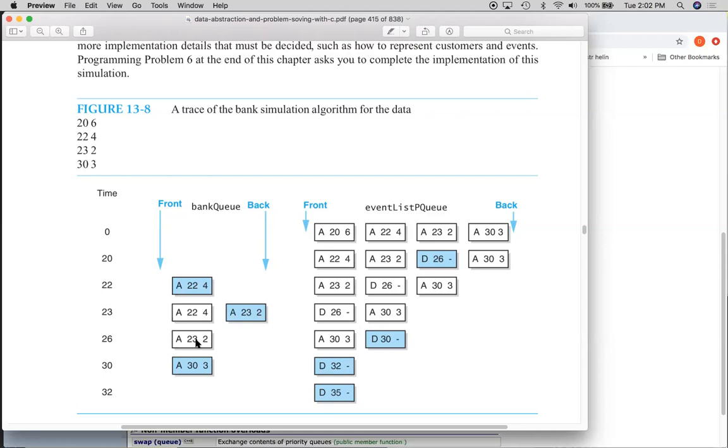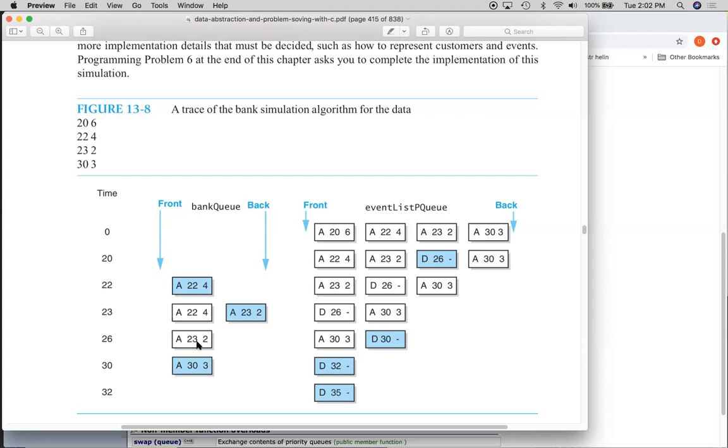So this event that has an arrival time of 22 actually got started being processed at time 26. So we create this departure event over here that says, okay, there's going to be a departure event at time 30. 26 plus 4, because the duration on this guy was 4.